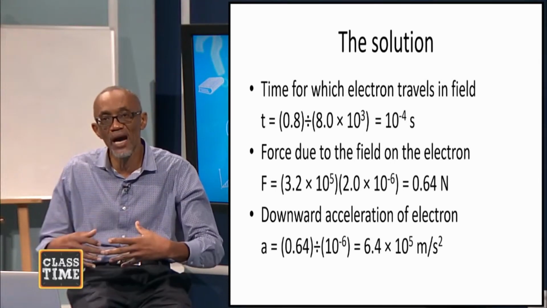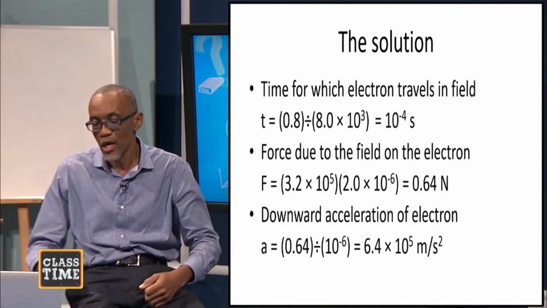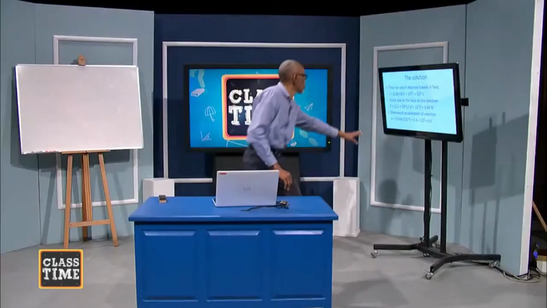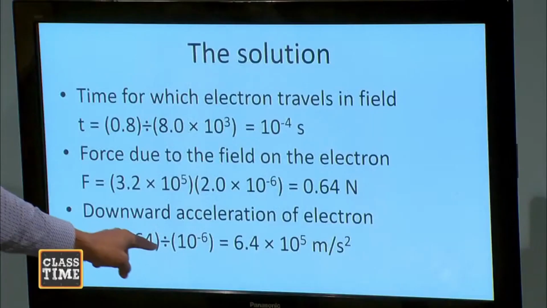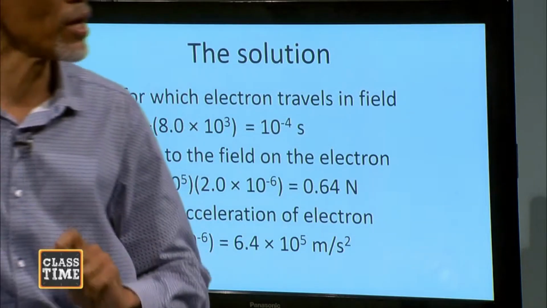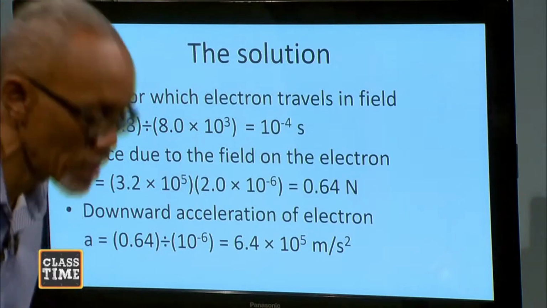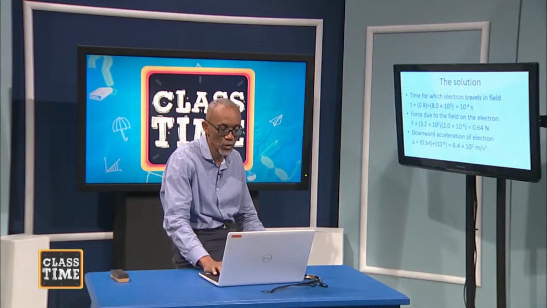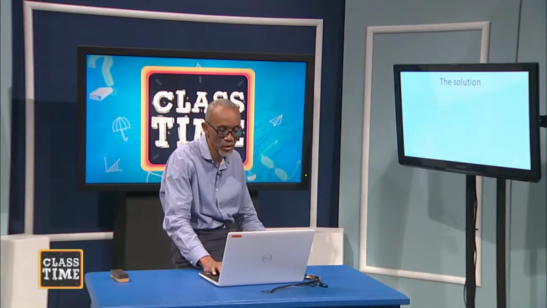Force divided by mass is acceleration. And so the force we worked out to be 0.64 newtons. The mass of the particle is 1 microgram, and that would be 10 to the negative 9 kilograms. All right, good. Okay, and so, was it 10 milligrams?